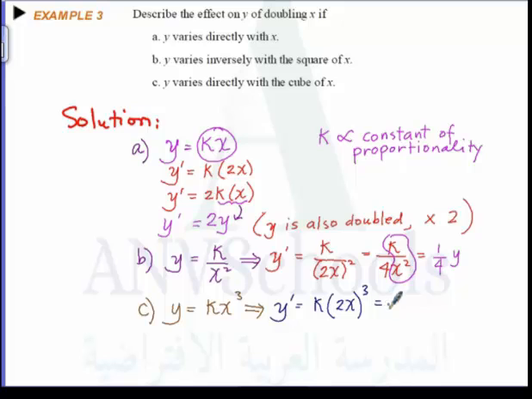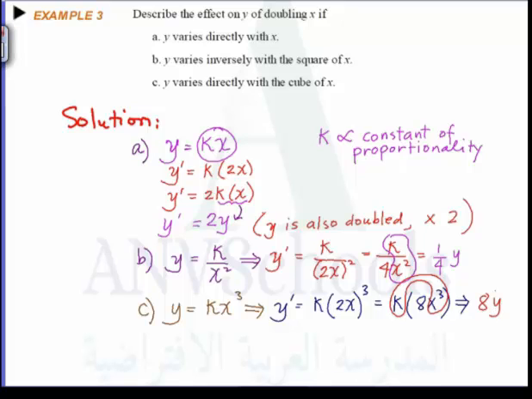This will give you k times 8x cubed. Our original is kx cubed, so it is actually multiplied by 8. So you get 8 times the original y.